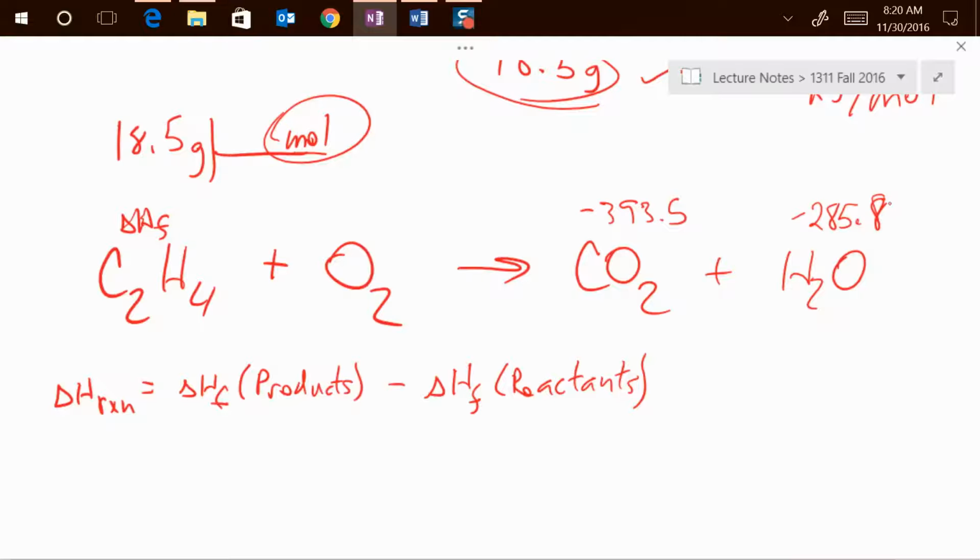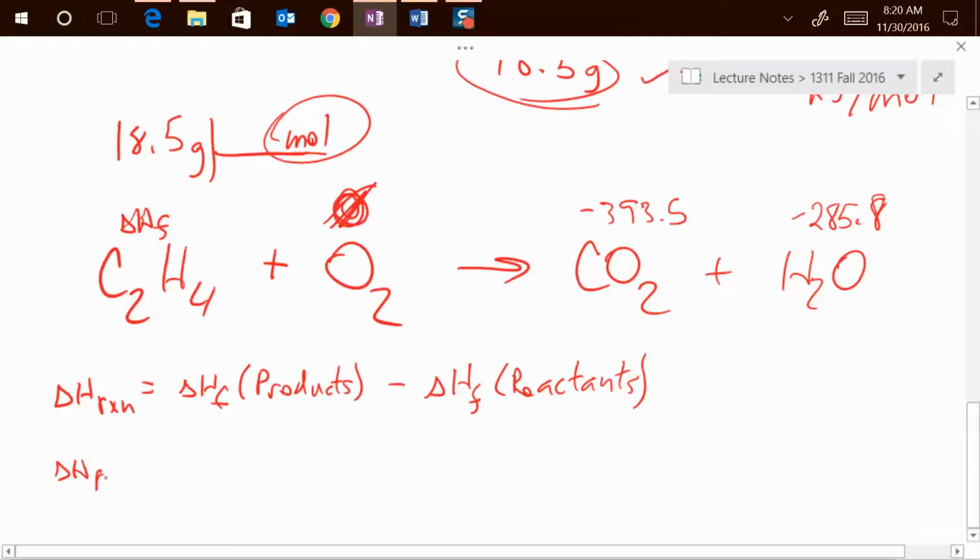It's 0. Good. They didn't give it to me because they assume you understand that if something's in its elemental form, its delta H of formation is 0. And I'm told that the delta H of this reaction is negative 1411 kilojoules per mole.